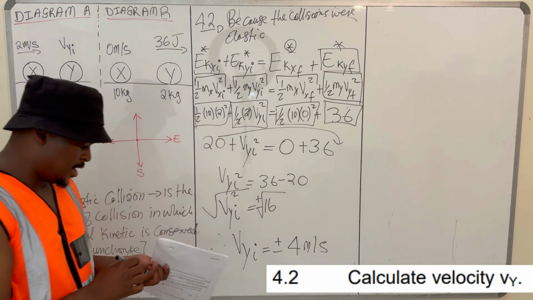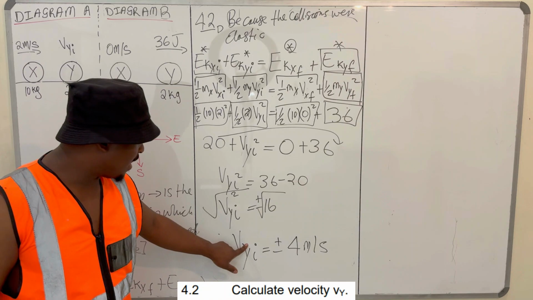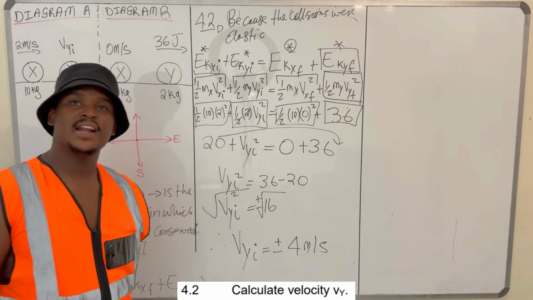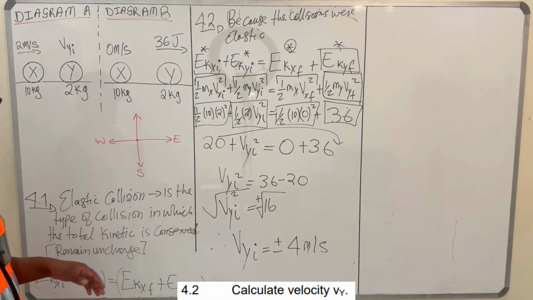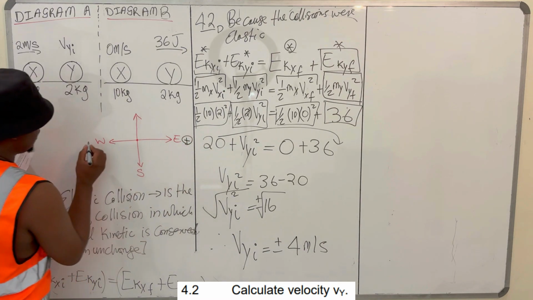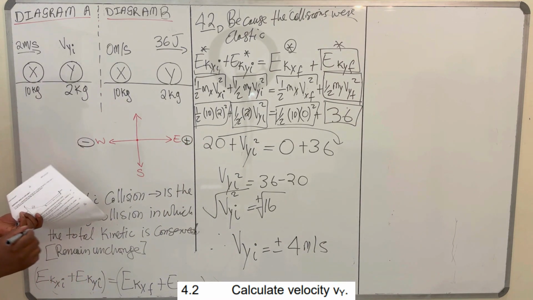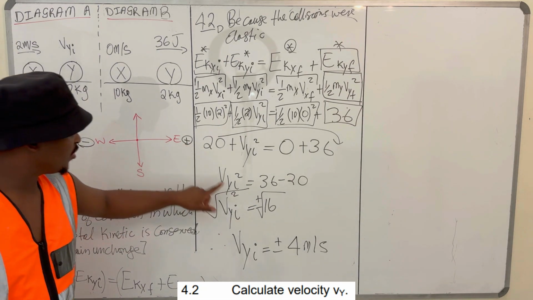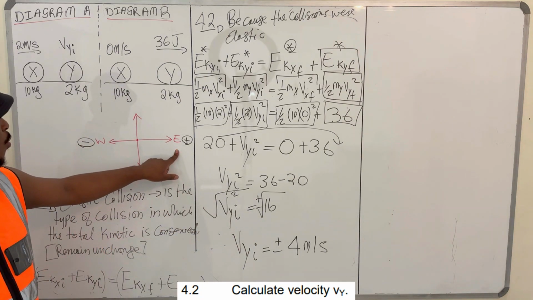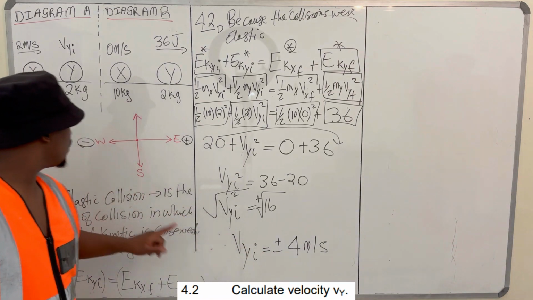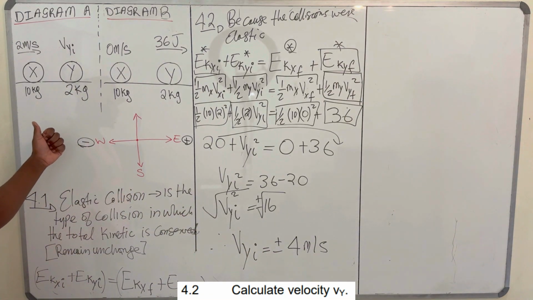So the initial velocity of Y is plus or minus 4 meters per second. Now in that case, we have to make a decision. We can say eastward velocity is positive and westward velocity is negative. If we take the positive one, we're saying ball Y is going east. If we take the negative 4, we're saying ball Y is going west.